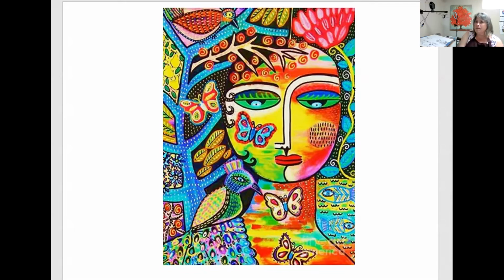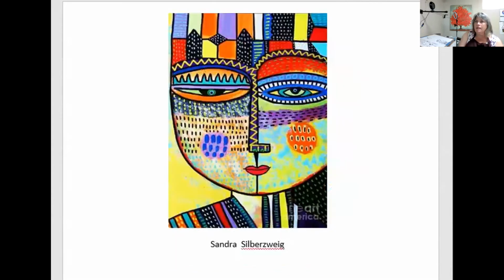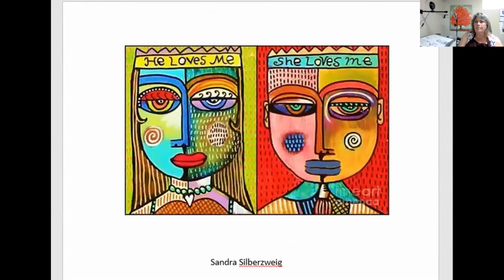But some of the points about her work are that the eyebrow and the nose are connected in just about all her work. She's got these big oval-shaped, or almond-shaped eyes with heavy lids.